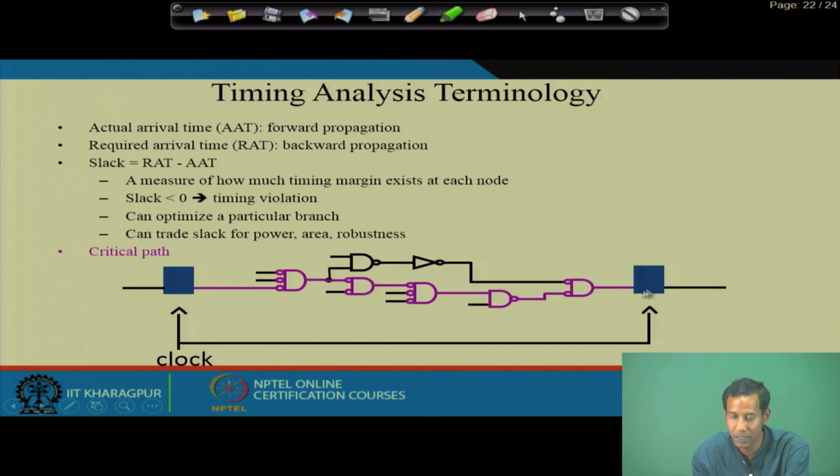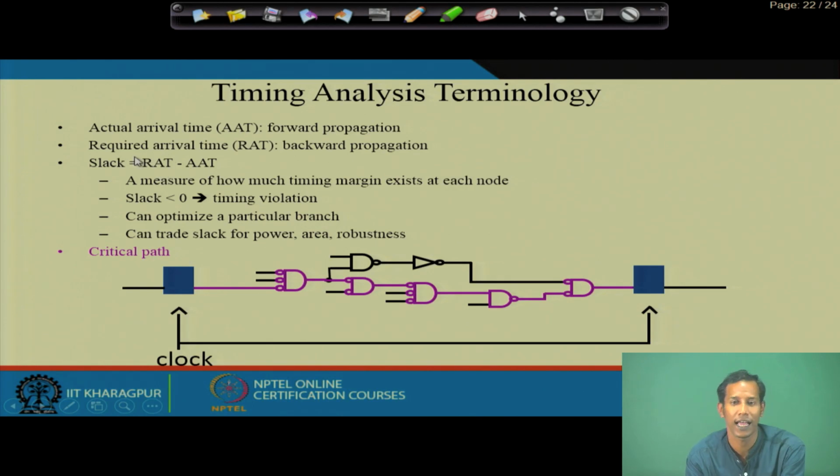It is not satisfying the condition that it should arrive within 2 nanoseconds, as in actual it is taking more time, 2.1 nanoseconds. So in any digital circuit design, slack should be 0, meaning both are the same.